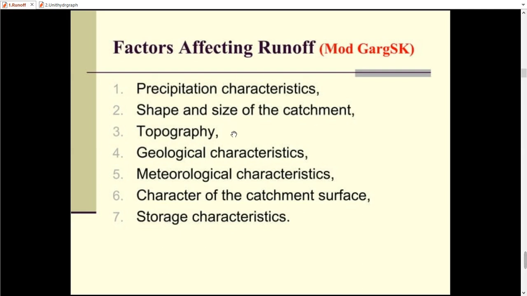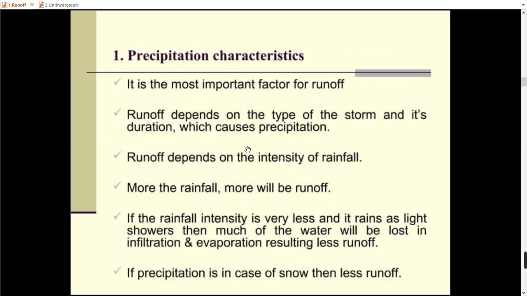Do mind it. The precipitation characteristic is the most important factor of runoff. Runoff depends on the type of storm. Storm means heavy rain, and its duration causes precipitation. Runoff depends on the intensity of rainfall.